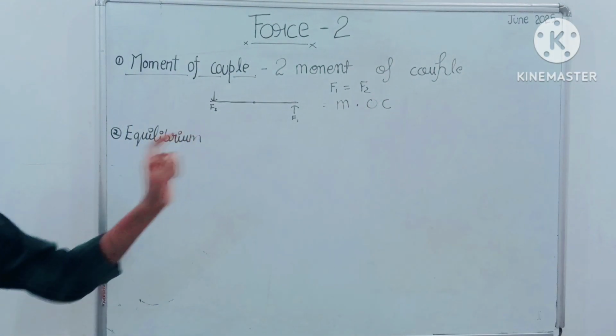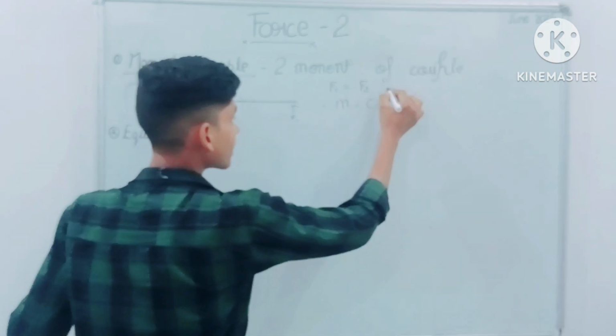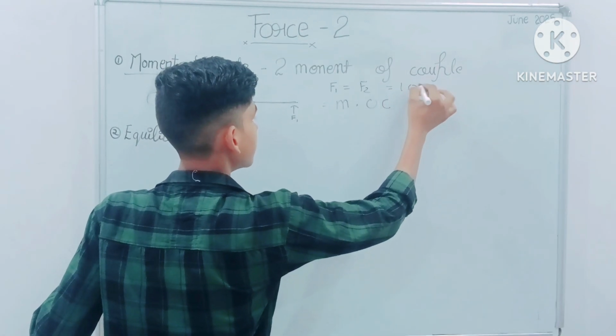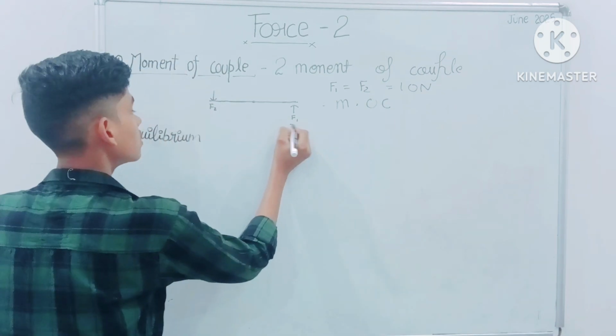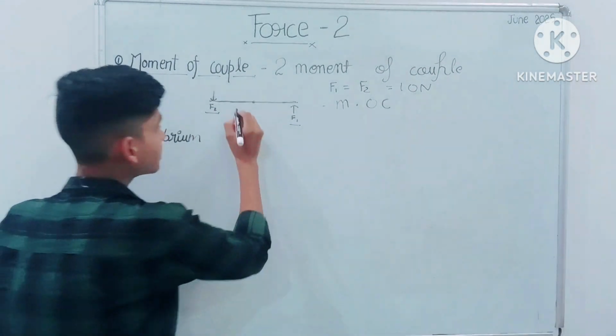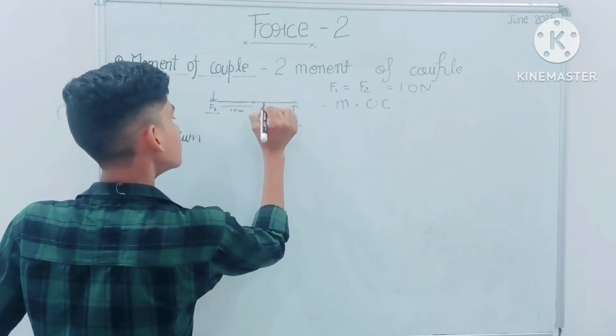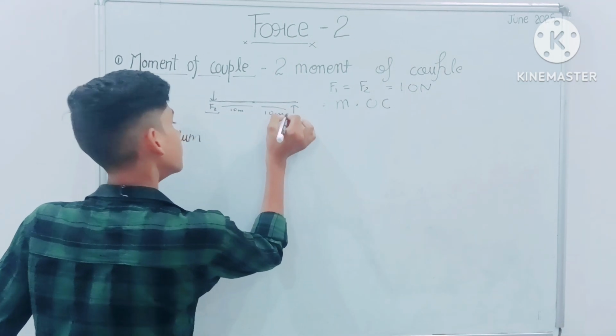I am writing it in short form. Now let's say F1 is equal to 10 Newton and F2 is equal to 10 Newton, and let's say the distance, this is 10 centimeter and this is also 10 centimeter.